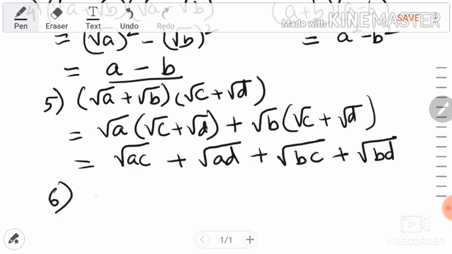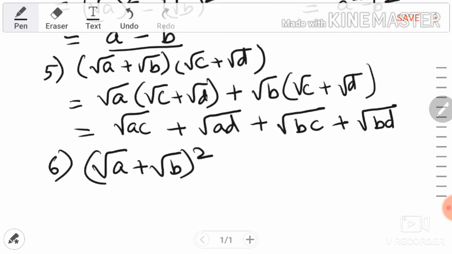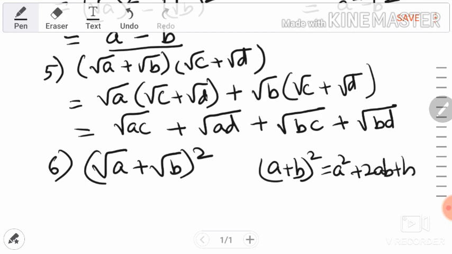The sixth property, root a plus root b whole square. This is same as a plus b whole square equal to a square plus 2ab plus b square. Use this identity to expand this.